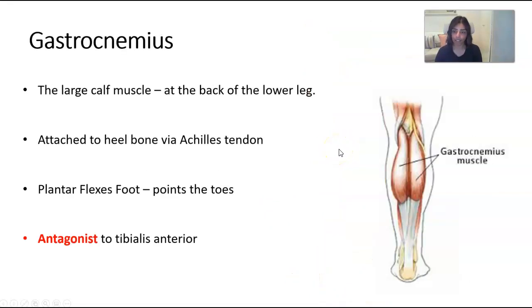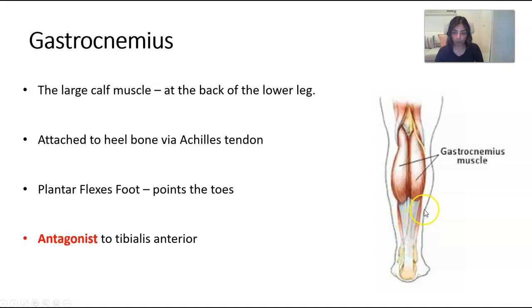On the back of those two bones, you have got the gastrocnemius muscles, and those are your calf muscles. And these gastrocnemius muscles will eventually attach onto the heel bone through the Achilles tendons. You know, this big thick tendon that runs down the back of your ankle.